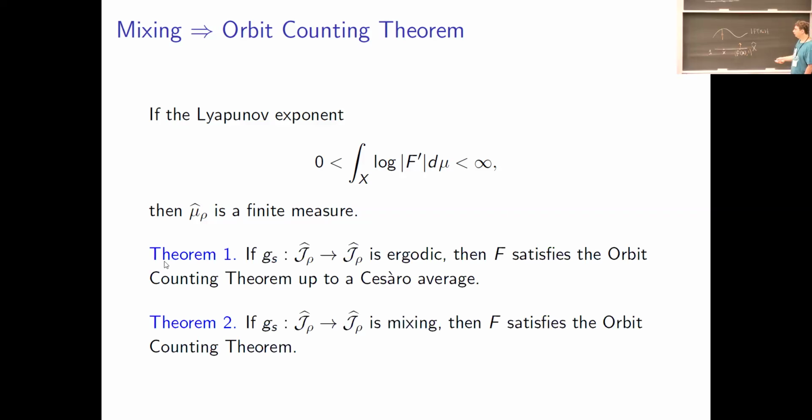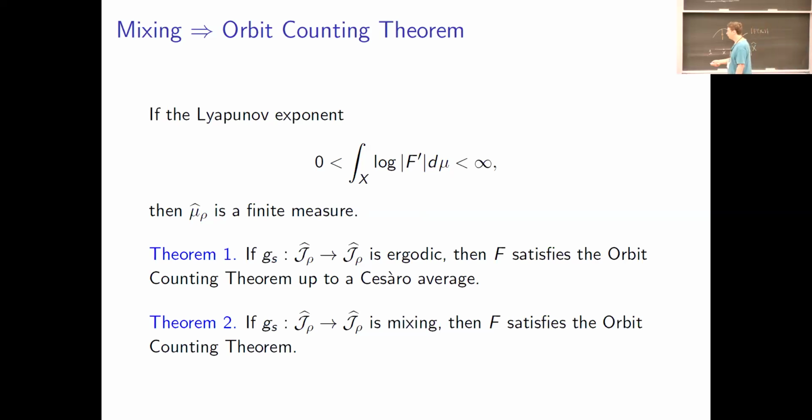First, if the suspension flow is ergodic, and this theorem is stated in a stupid way because this assumption is actually always satisfied, then F satisfies the orbit counting theorem up to a Cesaro average.